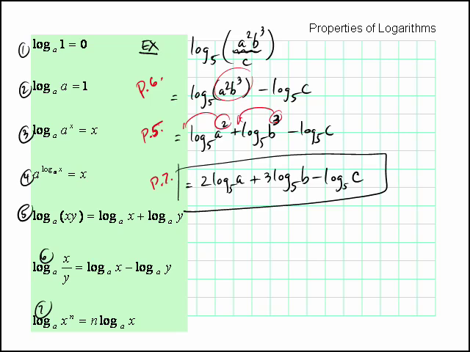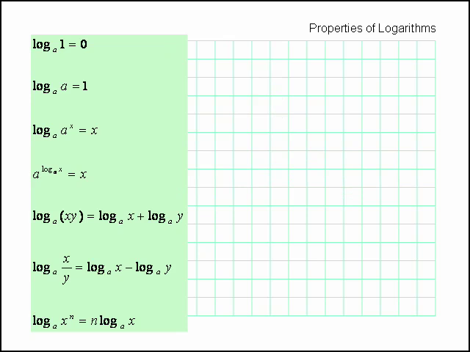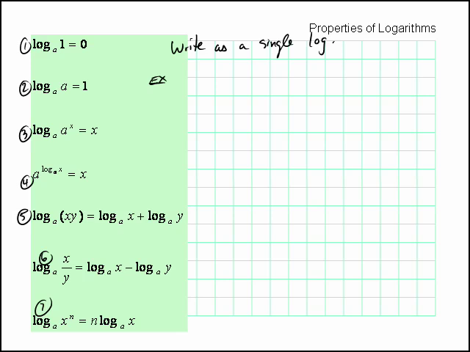Okay. Also, we can go in the reverse direction. Write as a single log. For example, 4 log m plus 3 log n. That's expanded out, but I can write this as a single log by using my properties.